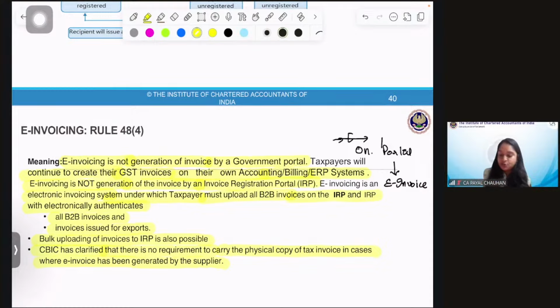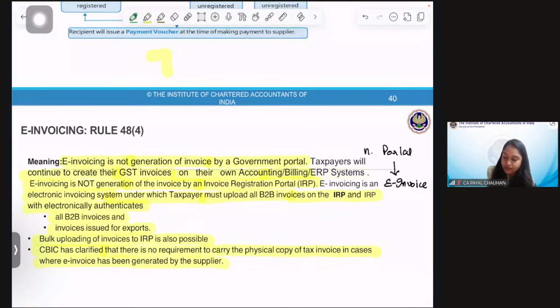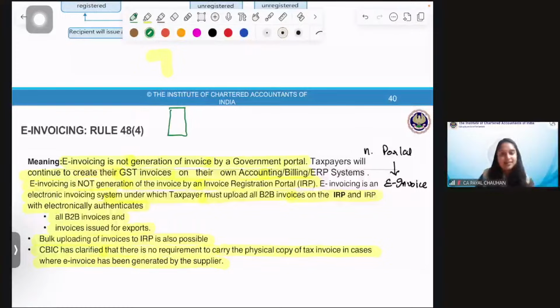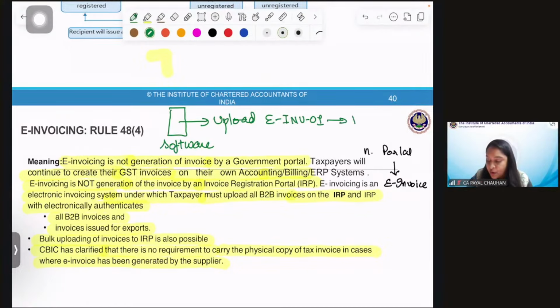I'll explain. See, I'll issue an invoice, as the case may be. After issuing the invoice through my software, whatever software I'm using, I'll upload certain mandatory terms in form EINV-01, and that too on the invoice registration portal.